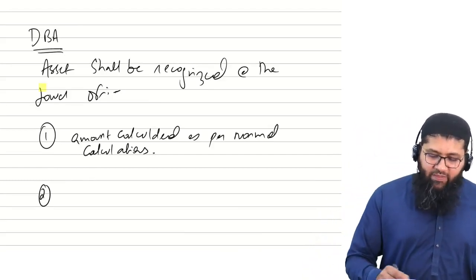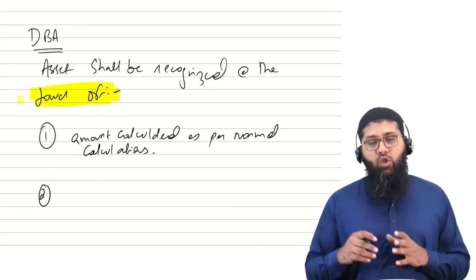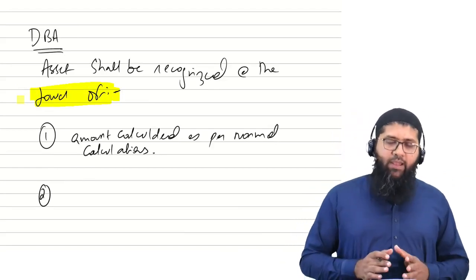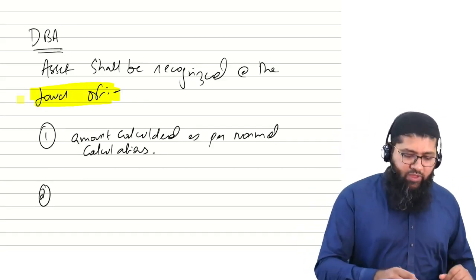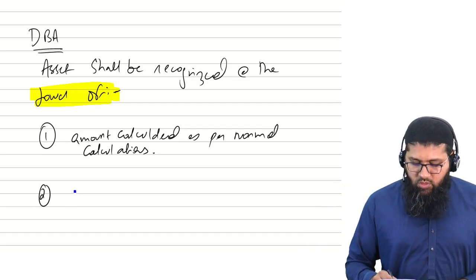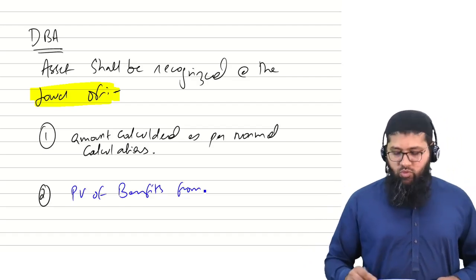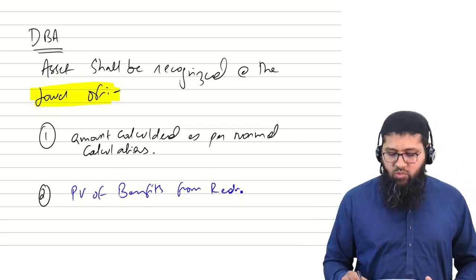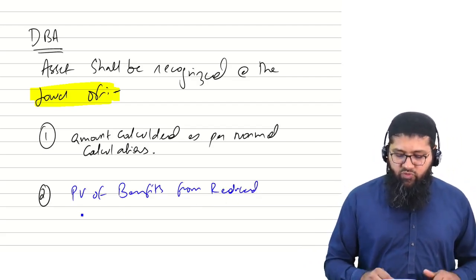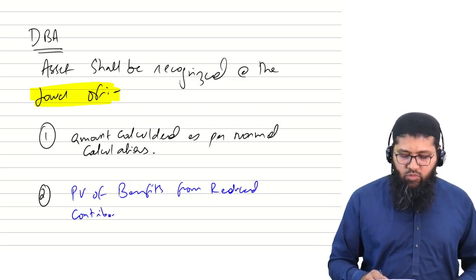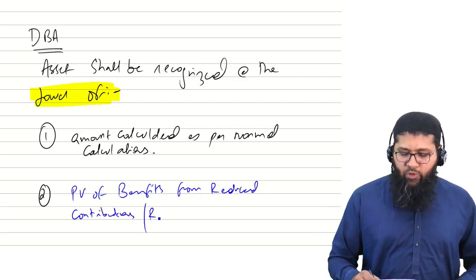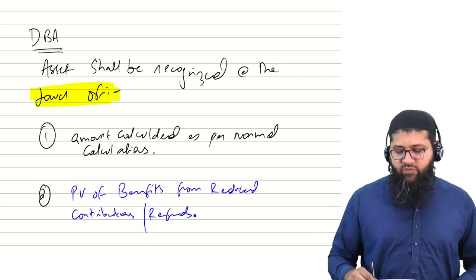So it has to be the lower of the amount calculated as per normal calculation or the present value of benefits from reduced contributions or refunds.